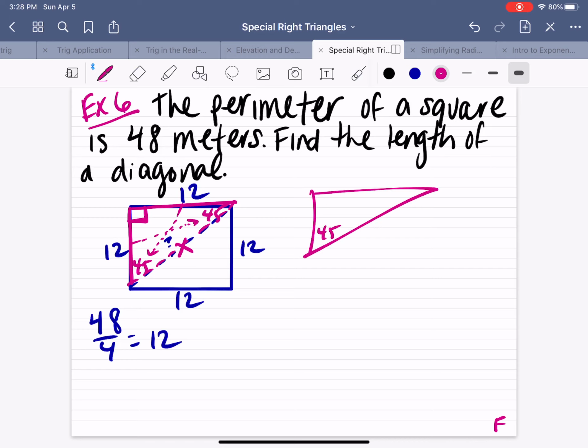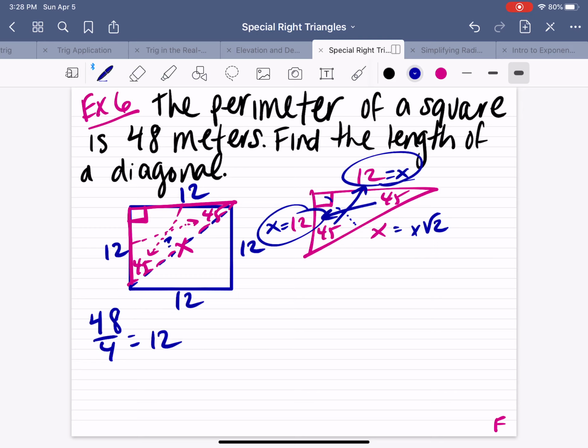So we have a 45, 45, 90-degree triangle. And if we label it using our properties, across from the 45-degree angle, you have x. Across from the 45-degree angle, you have x. Across from the 90-degree angle, you have x root 2. Notice that you have the value of x, so plug it in and you are done. So that's the hypotenuse, or the diagonal, for our problem.